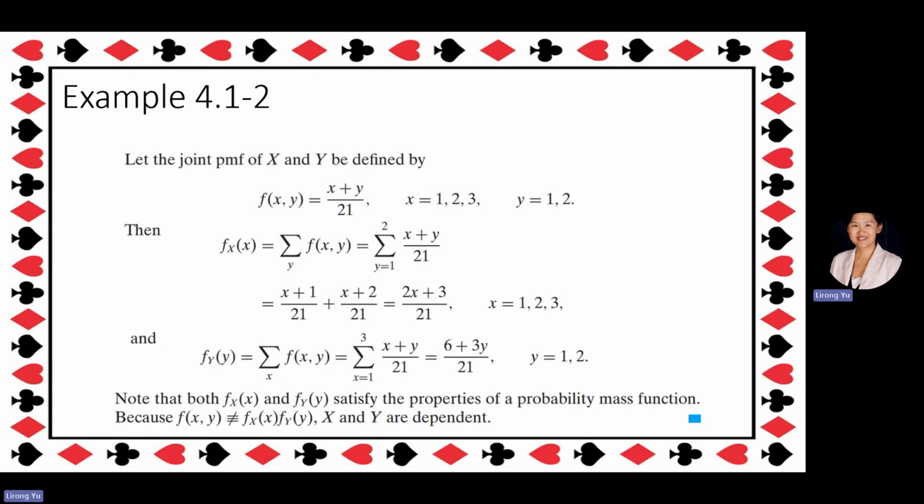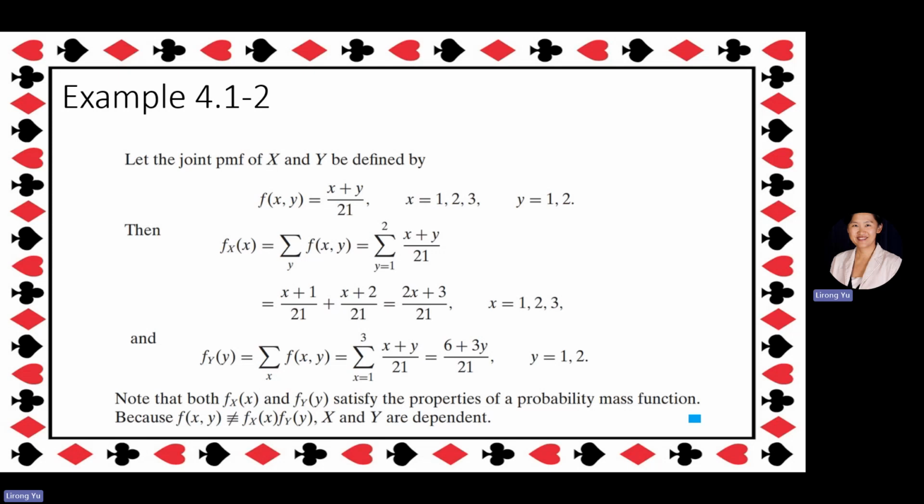What I'm showing you here is what's in the book. We already have the joint probability, and we're going to find the marginal probability. So the marginal probability of x equals the summation over all the y values. We're going to keep x as a variable and make y vary, so y takes 1 or 2.